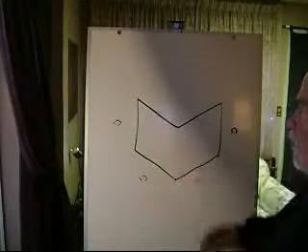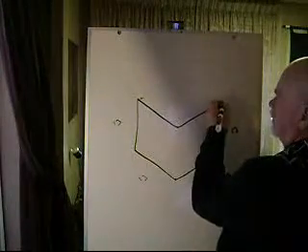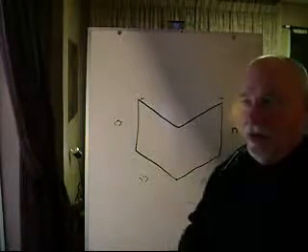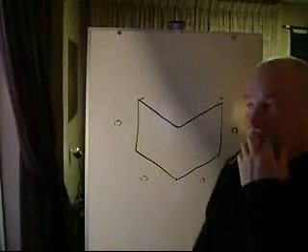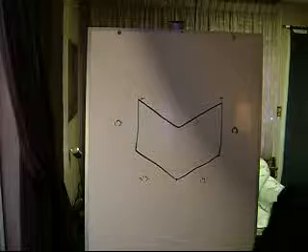If you take that chevron and you bring these 2 points together, you will be creating the pyramid of Chephren minus 120 degrees. I'll show you right here.